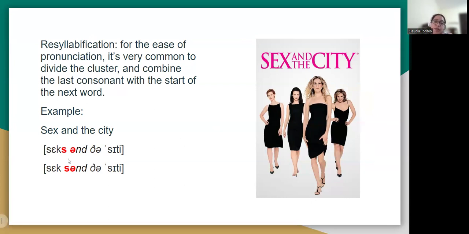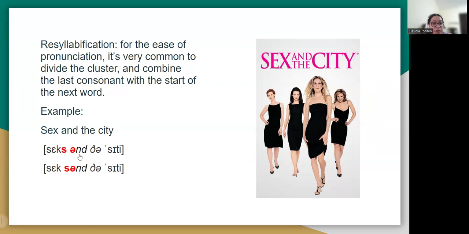Here we can see the phonetic transcription of the word sex, while the spelling only has the consonant letter X. In the phonemic transcription, we can see that we have two consonants here, K and S, sex, which means this is a consonant cluster of two phonemes.